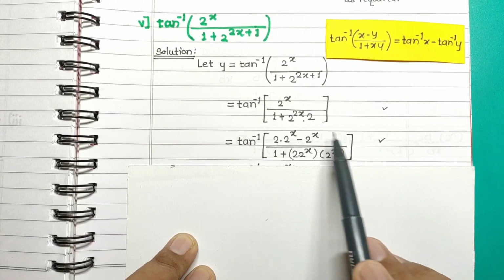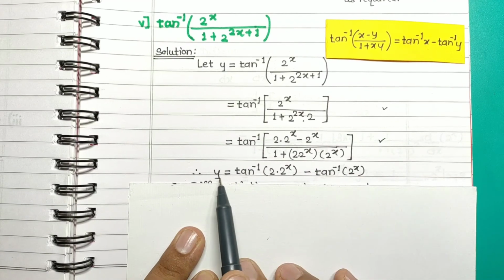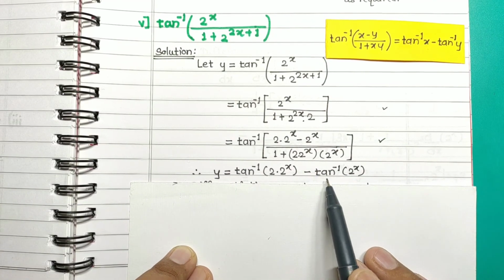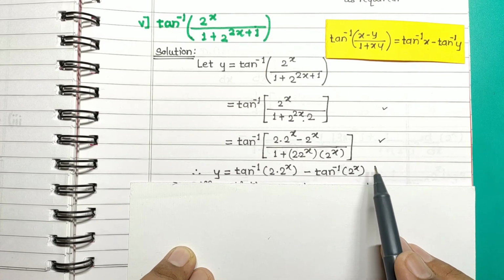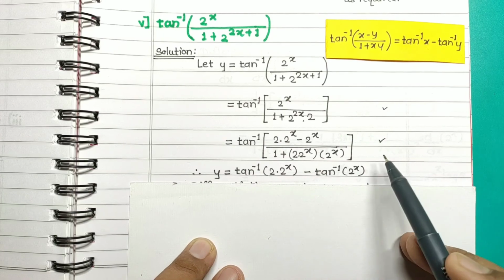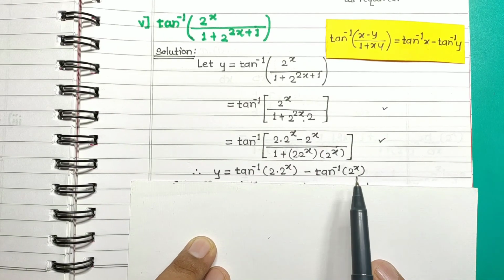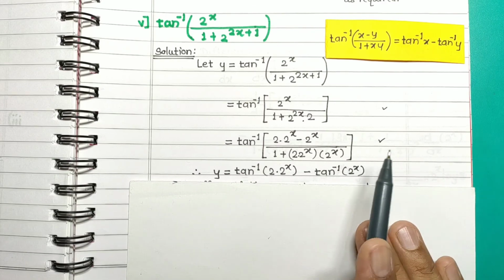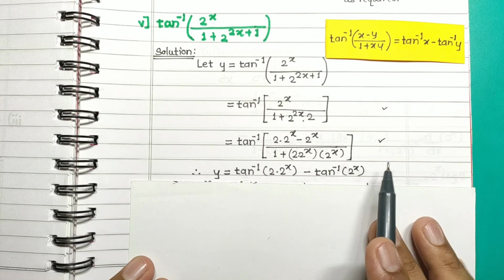Now we can split this function. So we have y is equal to tan inverse of 2 into 2 raised to x minus tan inverse of 2 raised to x. You note these three steps carefully and practice for this simplification. Now see, we have the function in a very simple form. So let's differentiate.